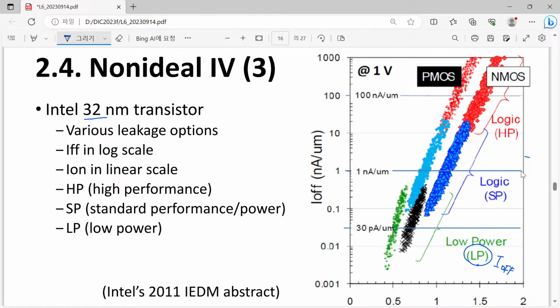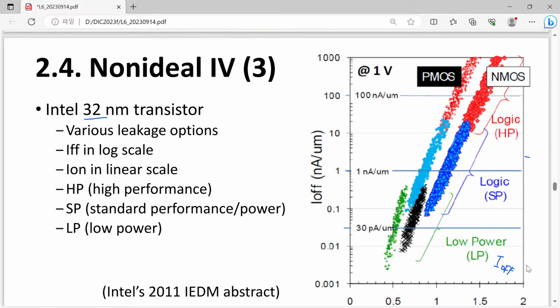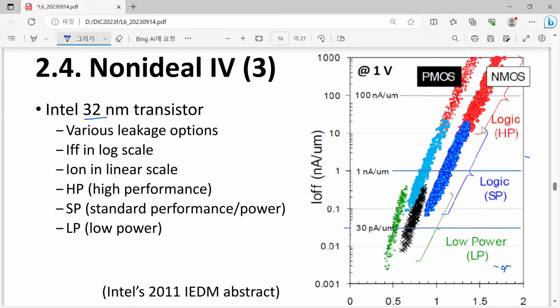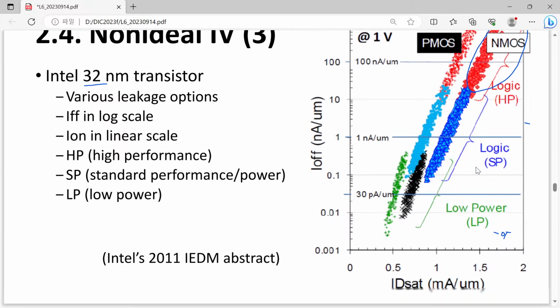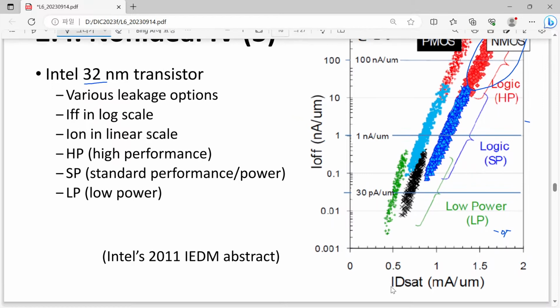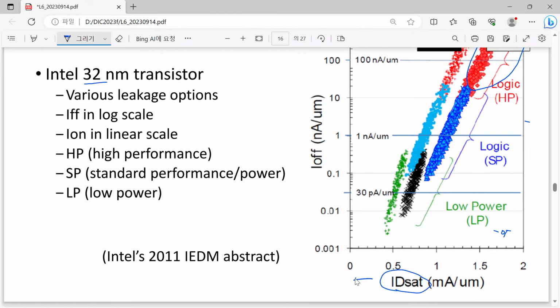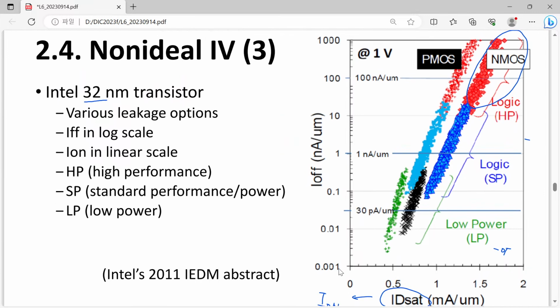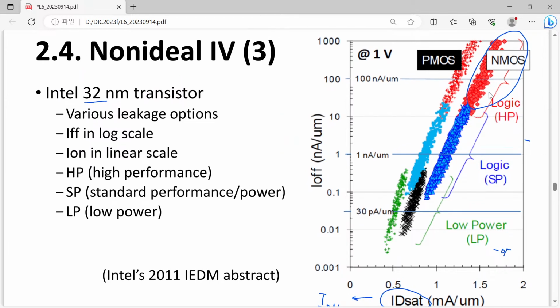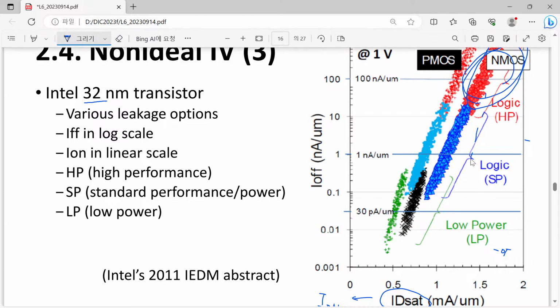And as you can see, please have a look at your MOSFET graph shown here. In the case of this high performance option, the x-axis is ID set. And what is the ID set? This is just Ion in their notation. In this case you have quite a high value of ID set Ion.